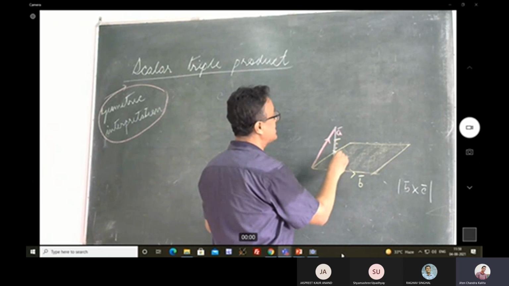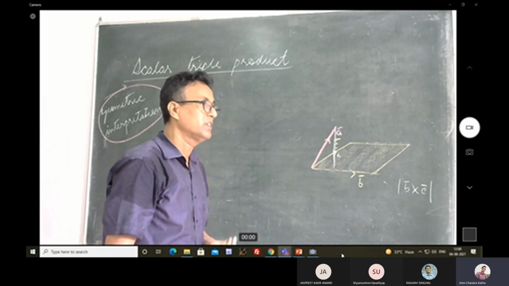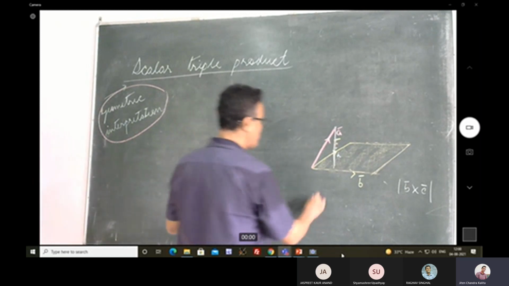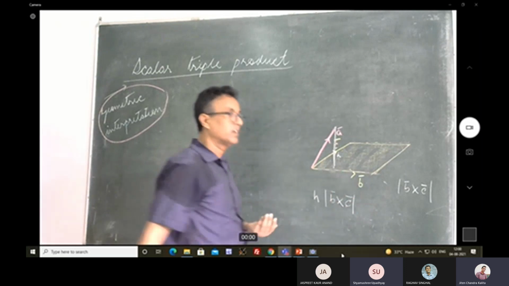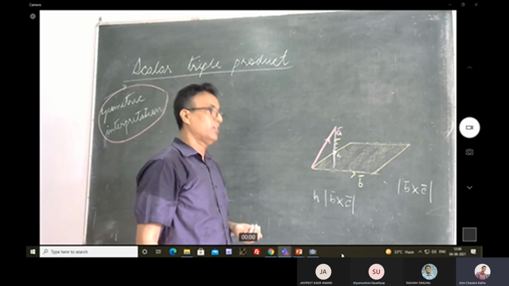If this height is h, then h times the magnitude of B cross C gives the volume of the parallelepiped.